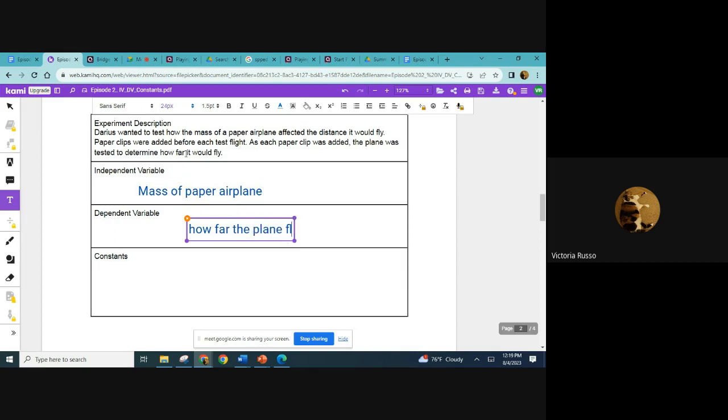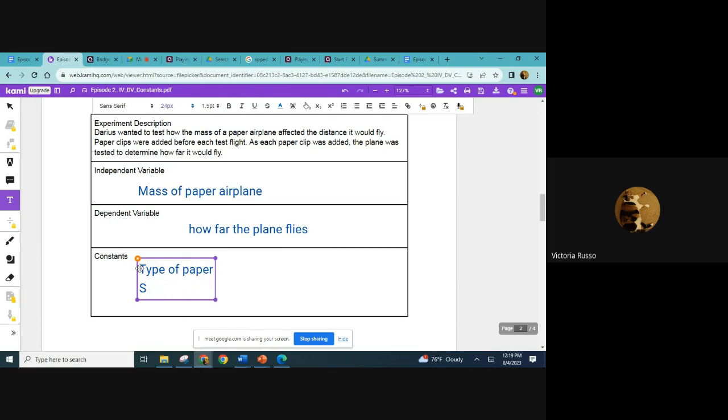Now constants are things that would affect how far the plane would fly besides its mass. We want to keep those things the same. So the material the plane is made of, so it's a paper airplane, the type of paper that they use. The size of the plane, like it could be heavier, but we want it to be the same size.